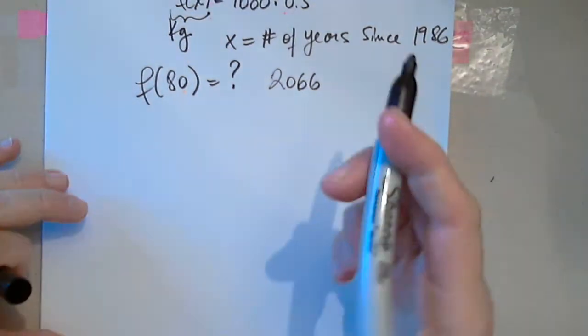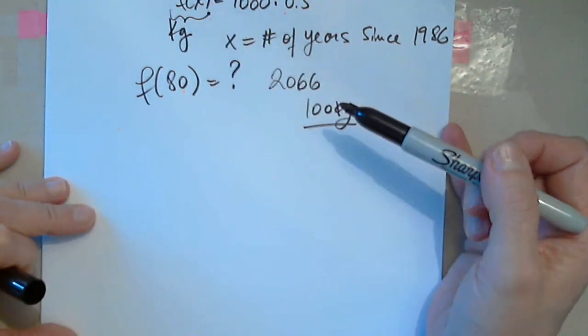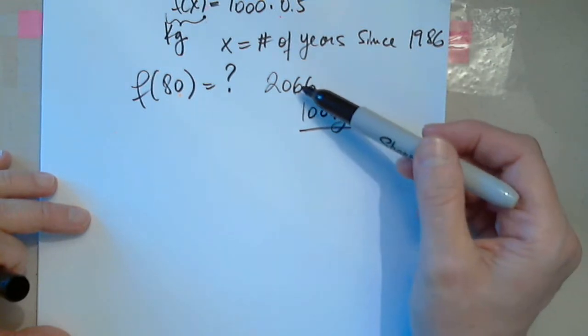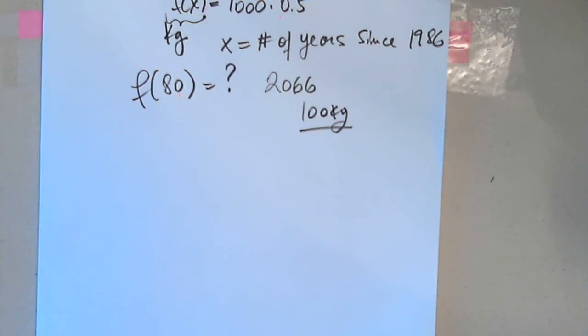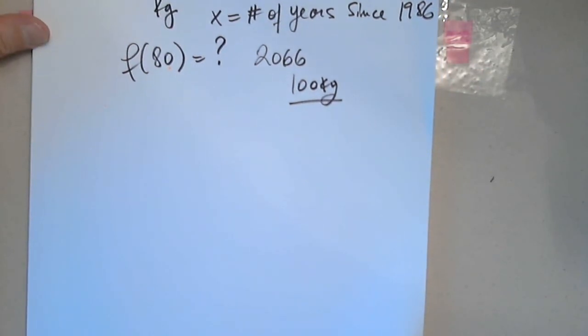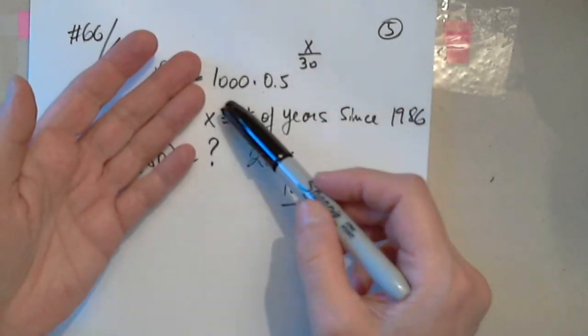So even if 100 kilograms of cesium-137 are still in the atmosphere in 2066, we have to tell them, don't go back. You can't live there. It's not safe. It's not healthy. Okay. So first of all, forget about everything and just look at this function.